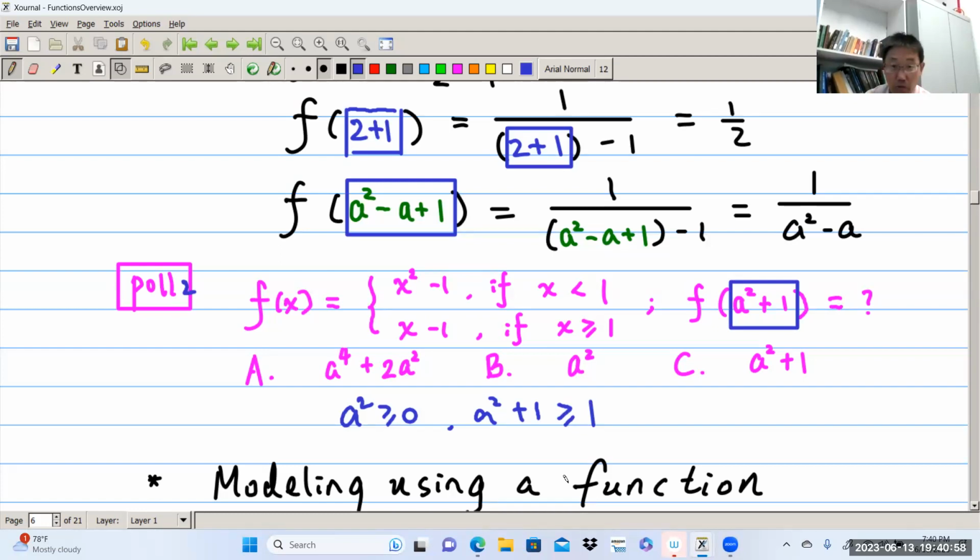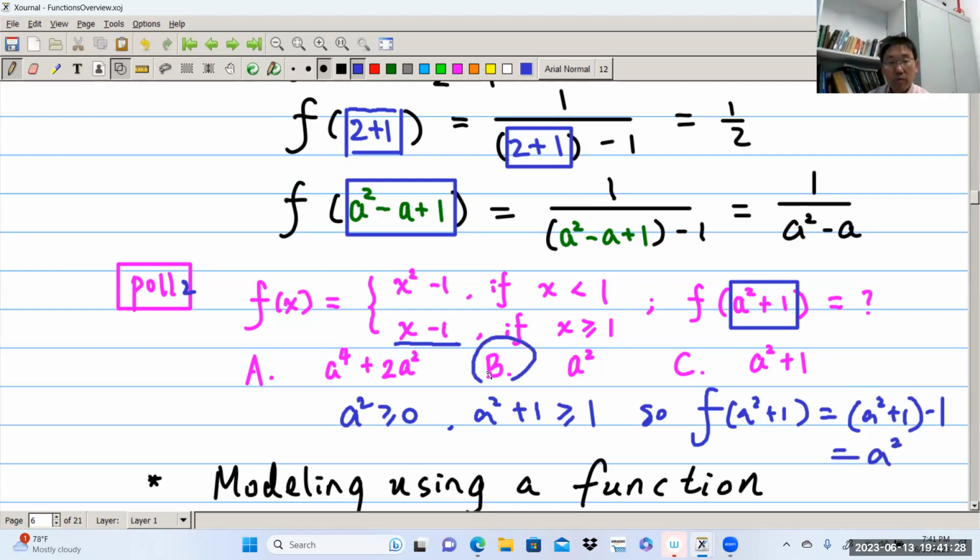So because the input is greater than or equal to 1, which piece do you need to use? You need to use the piece x squared minus 1. The x is the placeholder, so x now is replaced by this input, a squared plus 1. So it's a squared plus 1 minus 1, and you get a squared, right? Okay.